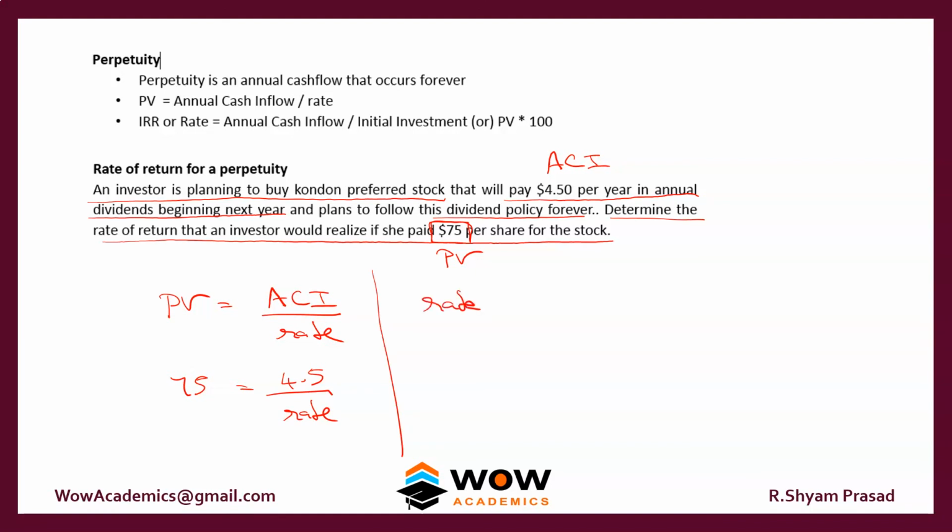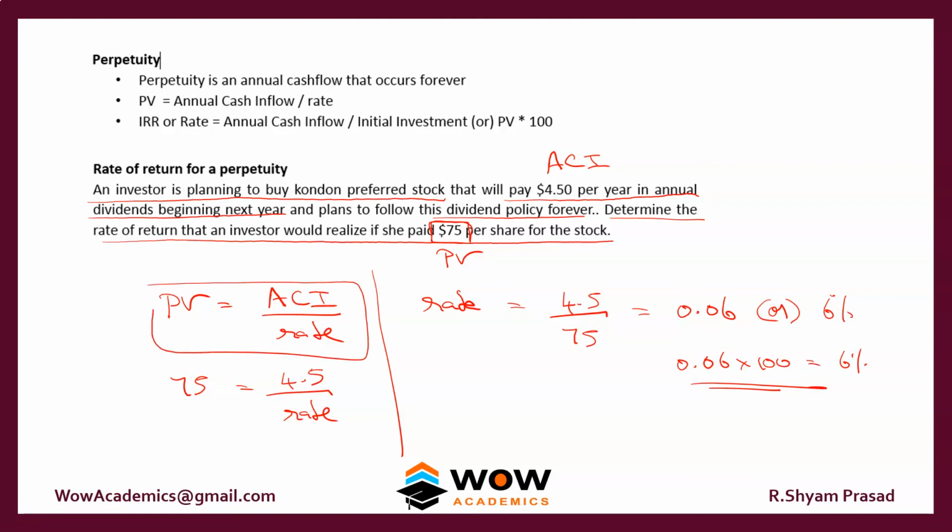The rate will be 4.5 divided by 75, so that will come to 0.06. If you represent it as a percentage, it would be 6%. Or else you can put it like this: 0.06 into 100 gives you 6%. So that is what happens. In this formula, any one number will be missing and you have to find out the missing number.